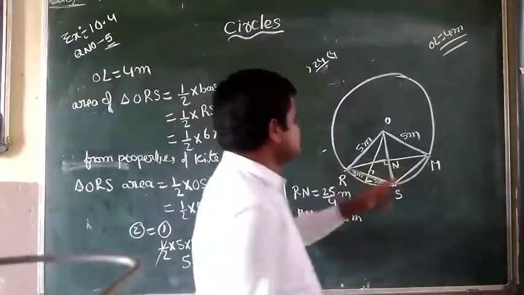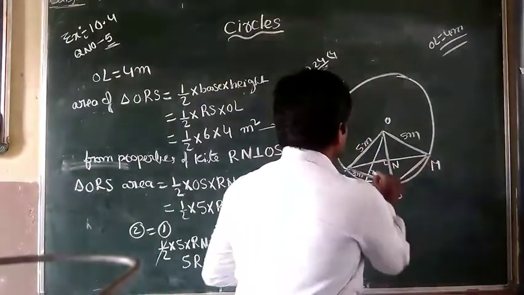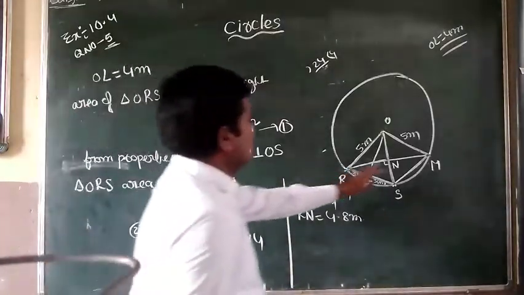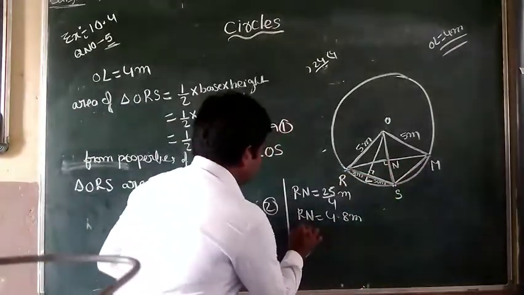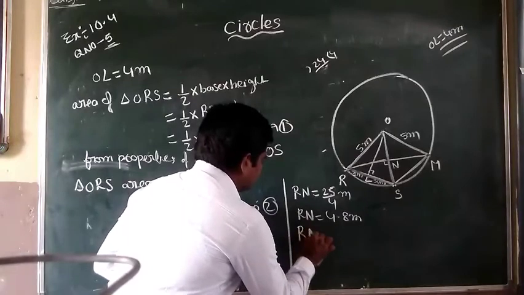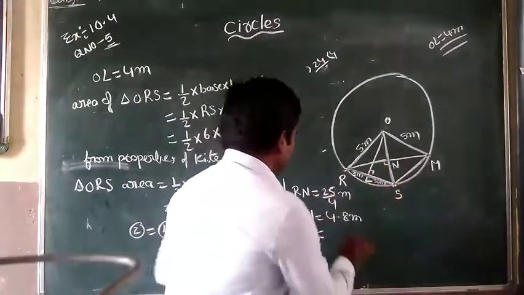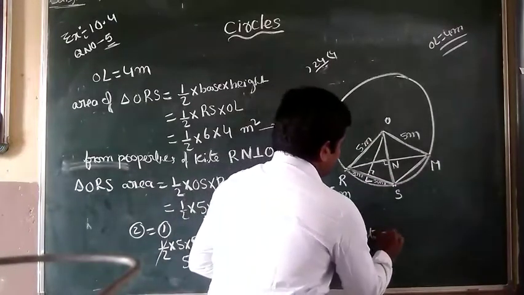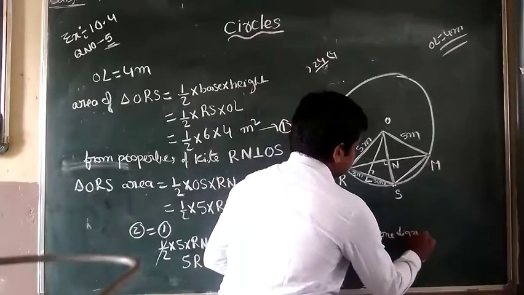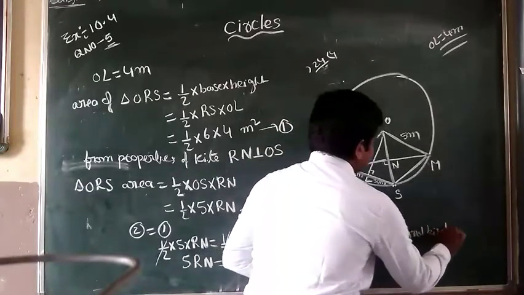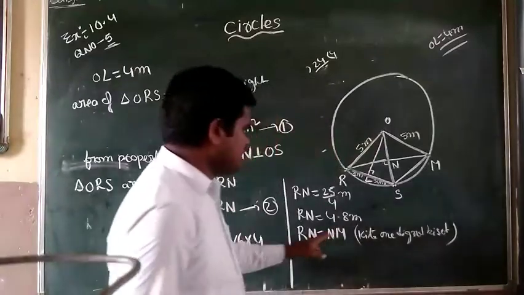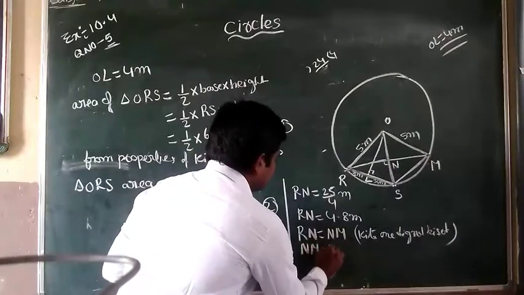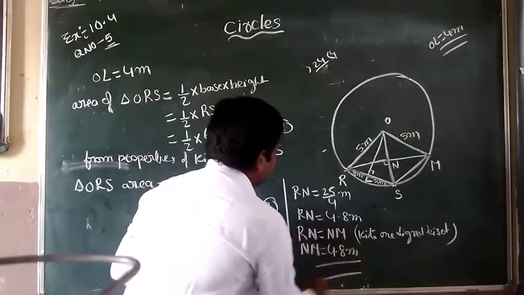So this diagonal is bisected here. In kite, one diagonal bisects, so RN equal to NM. So NM also 4.8 meter.